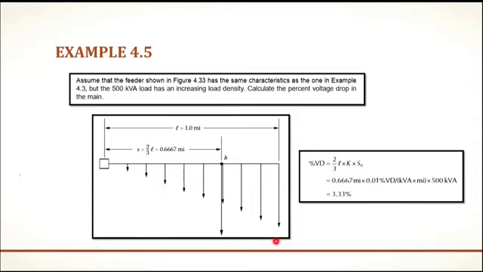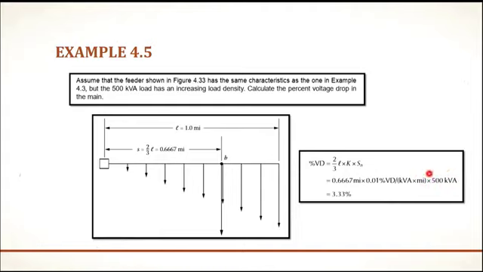So for increasing load density, we can say that the lumped load can be considered at 2/3 of the feeder length. So 2/3 of the feeder length is this value, and now you can use this as the effective length, and the value of percentage voltage drop comes out to be 3.33%.